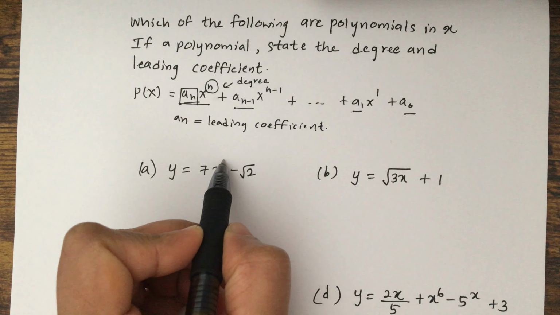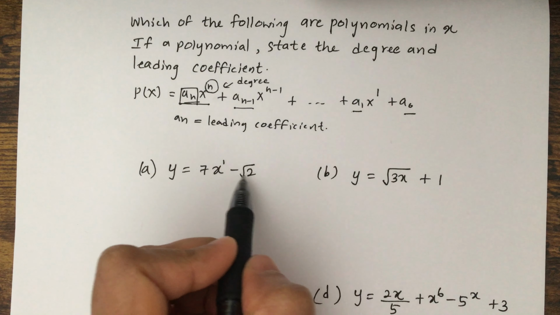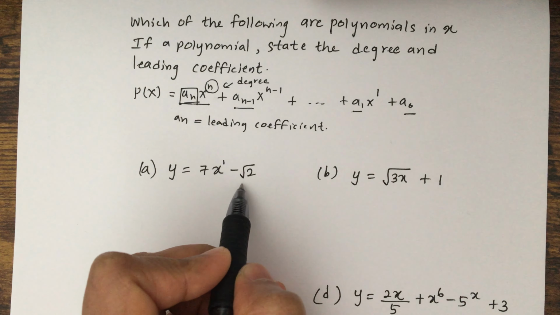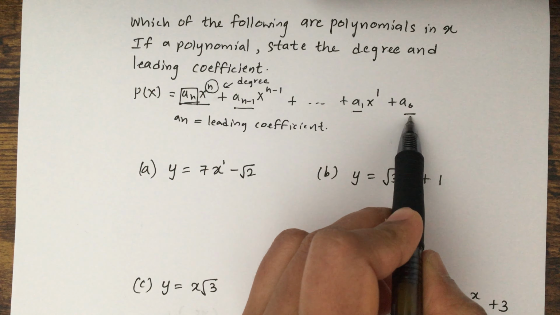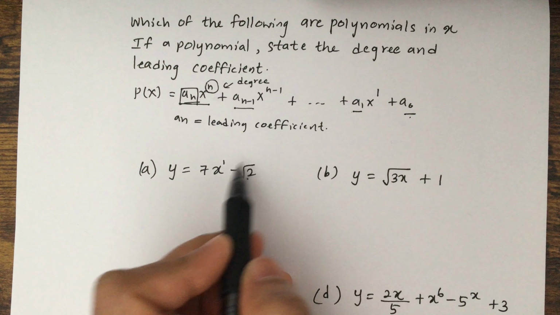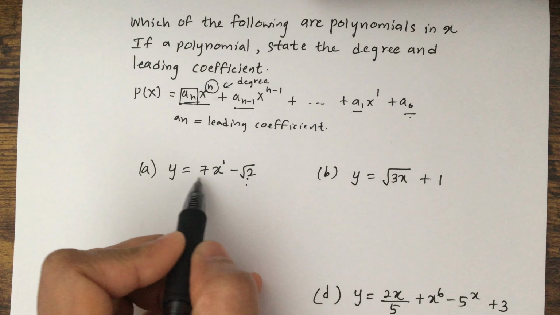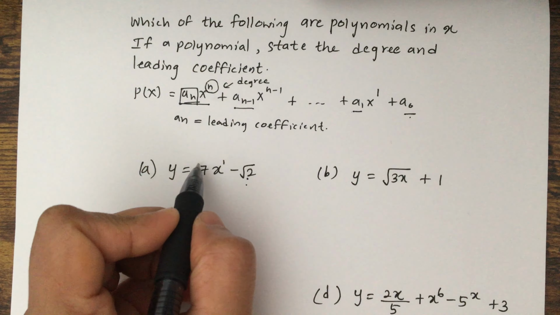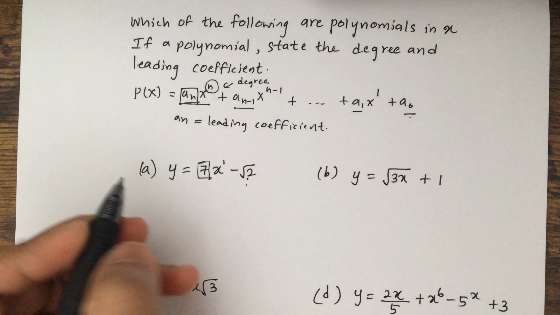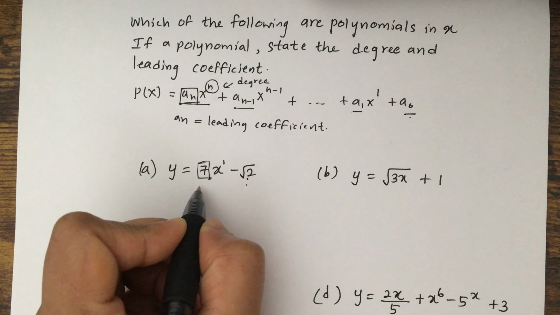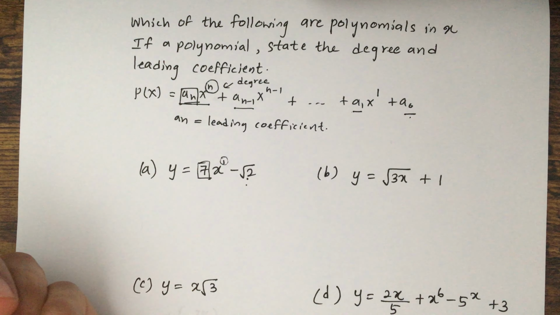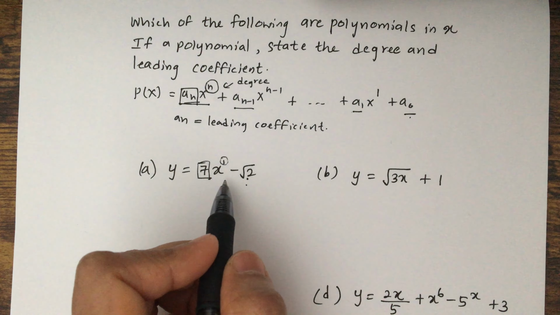So here you have degree 1, and this is the square root of 2. This is like a constant term, like a_0 is negative square root of 2. So we have a constant term and a linear term. In this case, this one is the leading coefficient. And what's the degree? The degree equals 1 because we don't have any other x terms here.